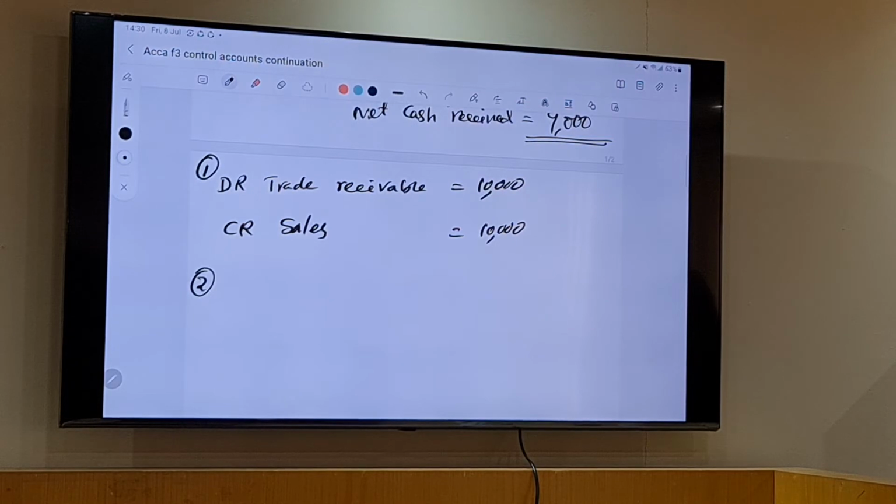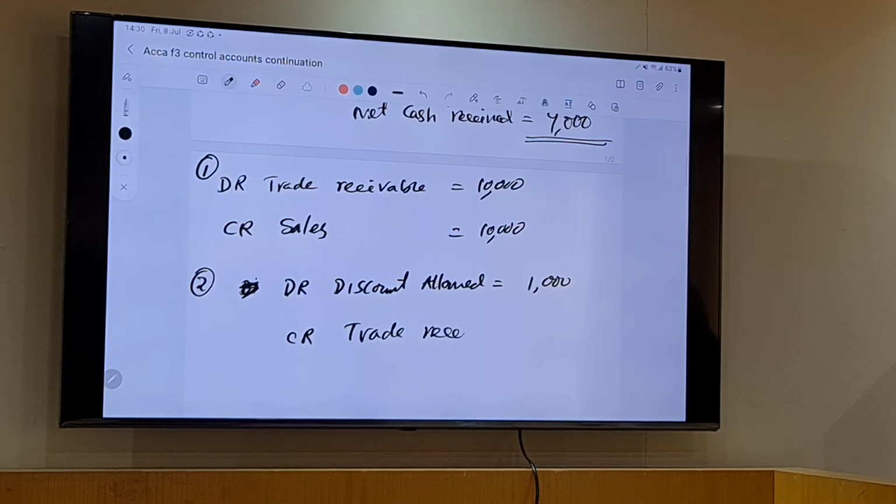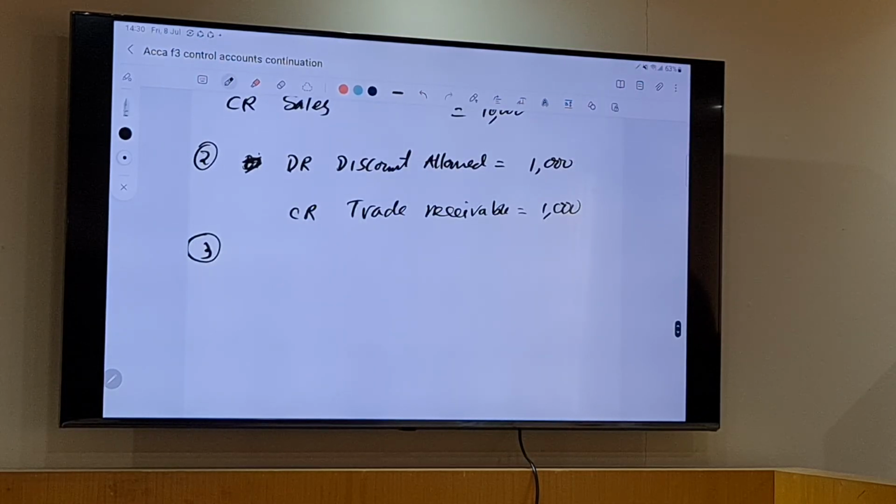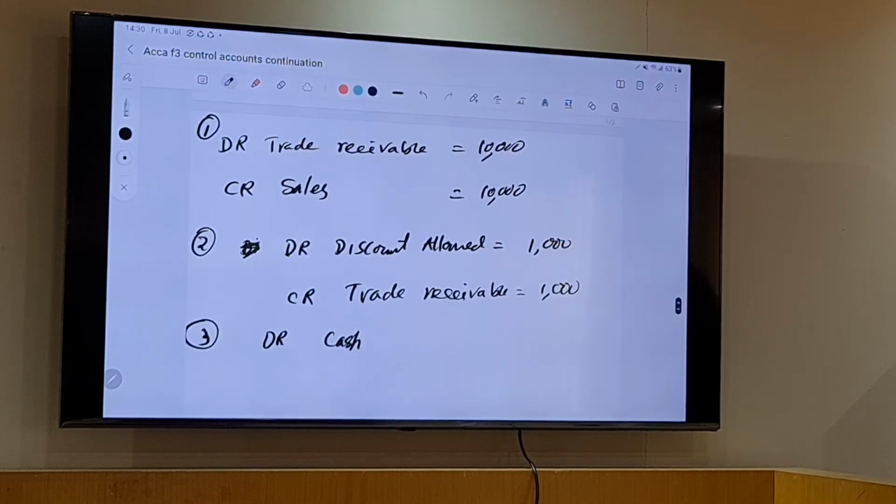Entry number 2: debit discount allowed 1,000, credit trade receivable 1,000. Entry number 3, we receive cash. Debit cash 9,000.